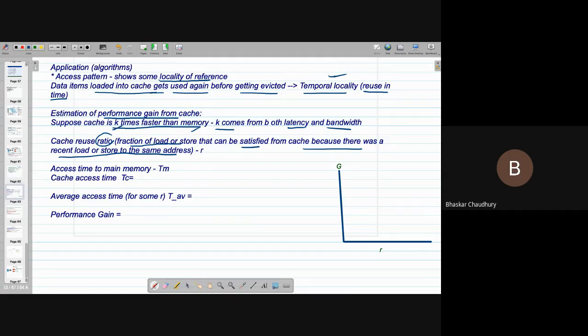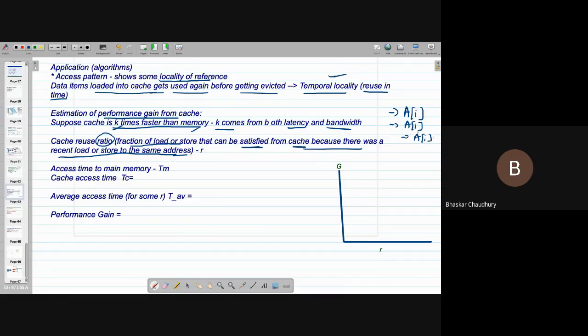Suppose I am working on a particular application which has a cache reuse ratio of R. It is like, suppose I was already using A[i] in my first instruction, and again I am using A[i] in the second instruction, or maybe after a couple of instructions again I am using A[i] for calculating something.